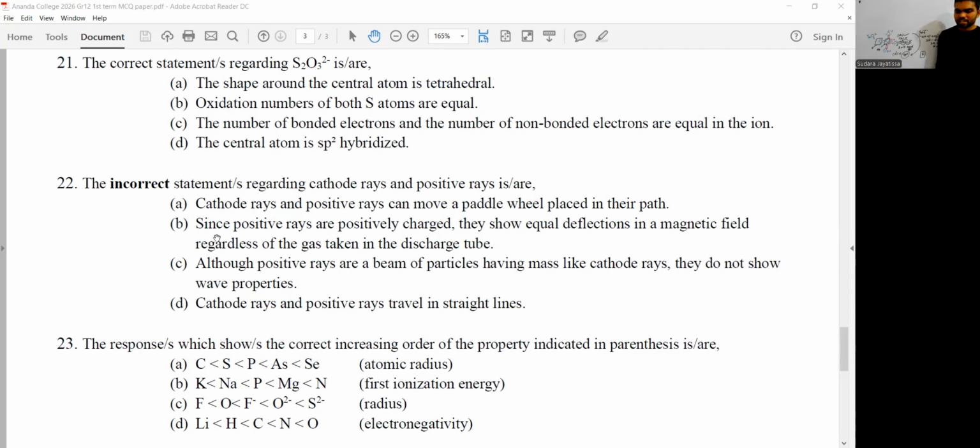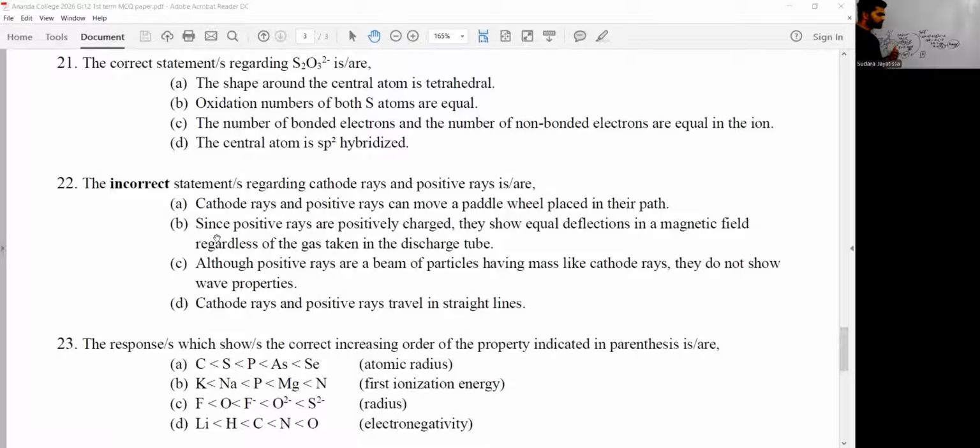Cathode rays and positive rays can move a paddle wheel placed in their path. That is correct. Remember, they are asking incorrect ones. Don't get confused at the end. Let's first of all select correct and incorrect things.